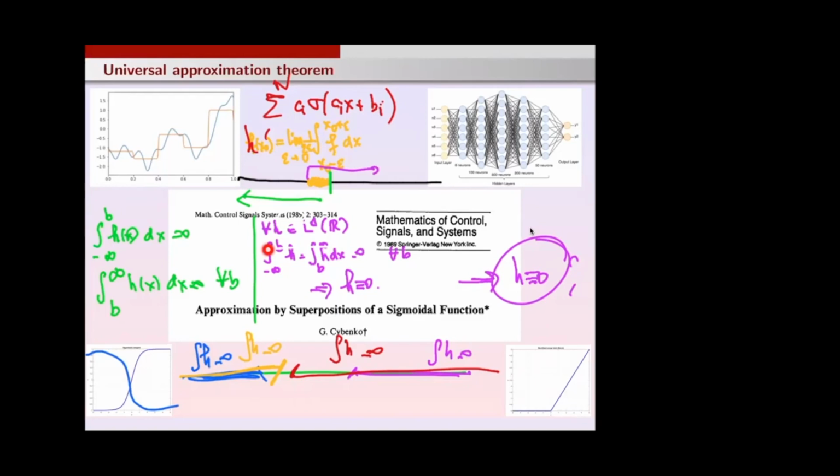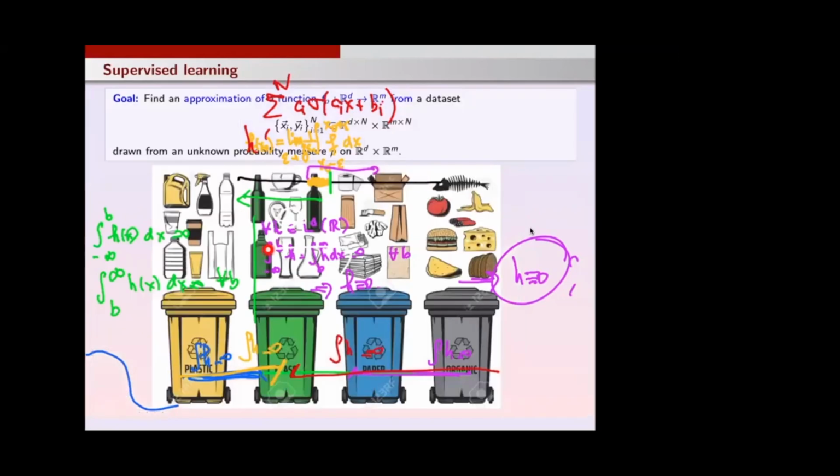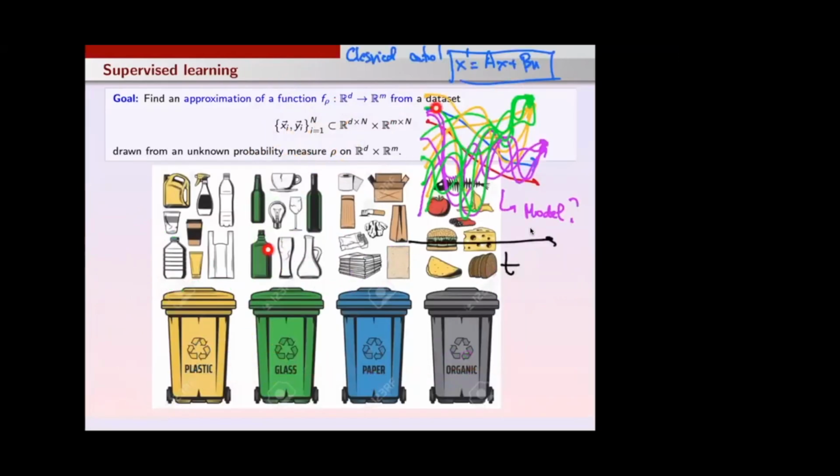Methods that were built to solve numerical optimization problems arising in dynamical systems out of chemical engineering turn out to be the ones you use in order to identify the parameters in this universal approximation, which is what you need in order to build the nonlinear dynamics that is able to classify waste.